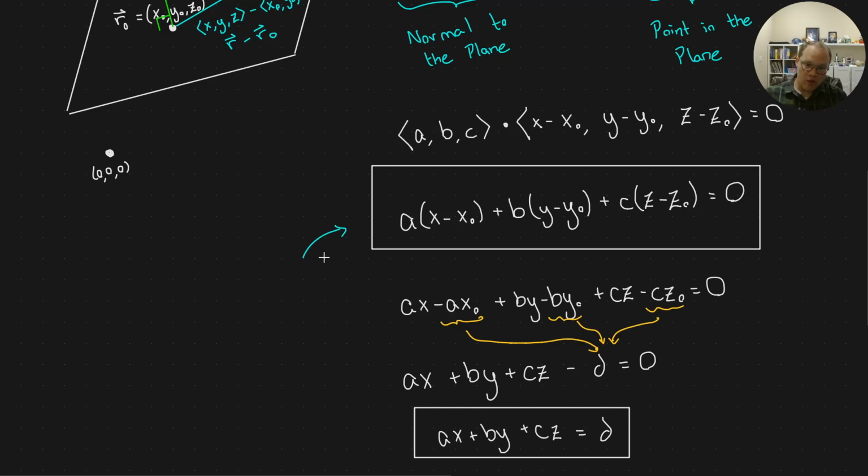In this form right here, I can also see that x naught, y naught, z naught would be a point in the plane. In this form down here, I don't have that same information readily available. Okay? Even though it communicates the same information, it's a little harder to find, right? Both are acceptable. You will see both formulas in this class for the equation of a plane.